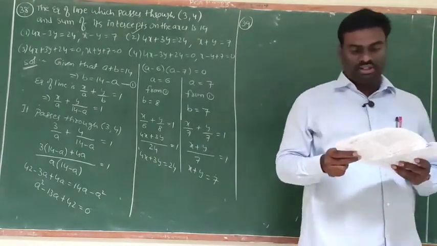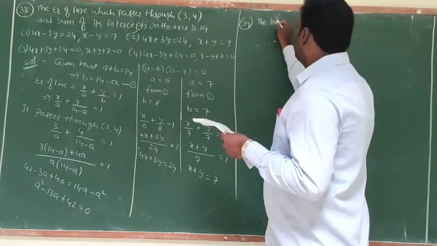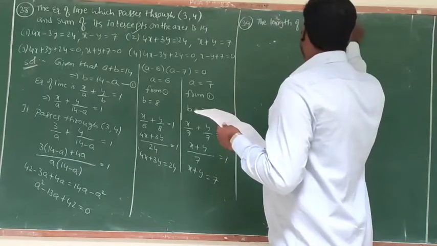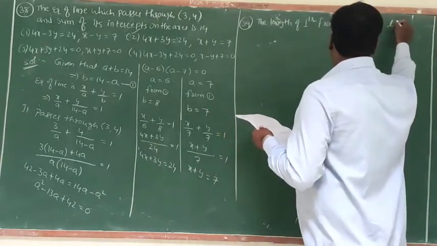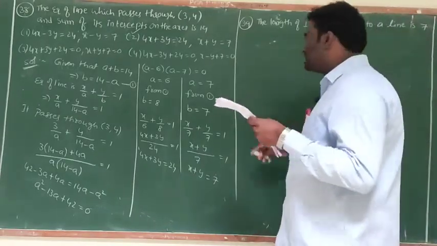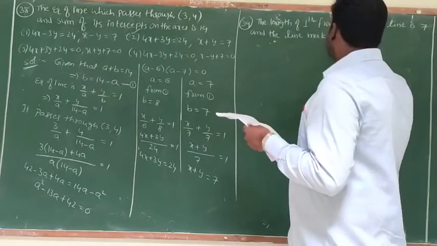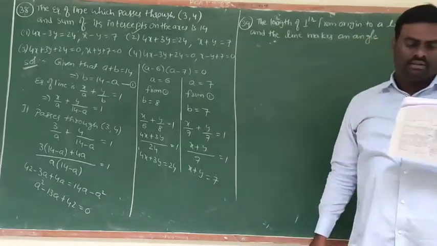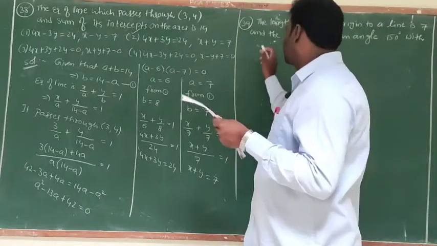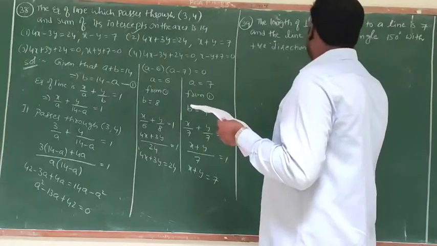Next, we'll discuss question number 39. In question number 39, the length of perpendicular from origin to a line is 7, and the line makes an angle of 150 degrees with the positive direction of y axis.